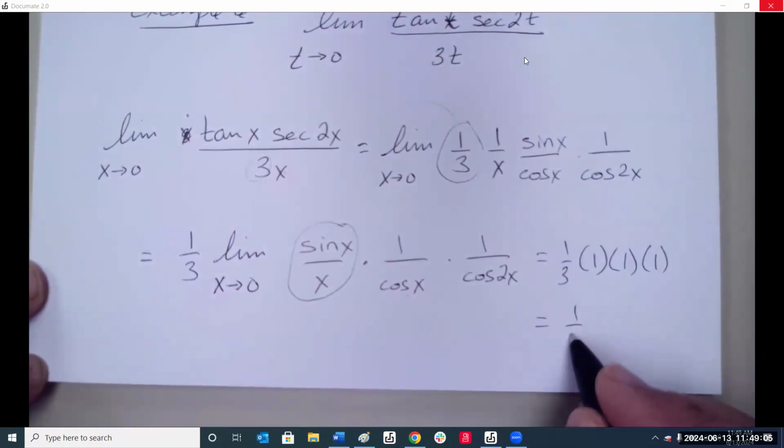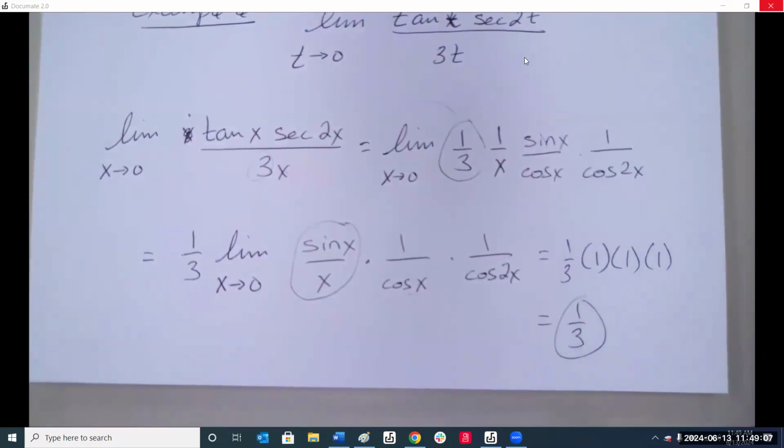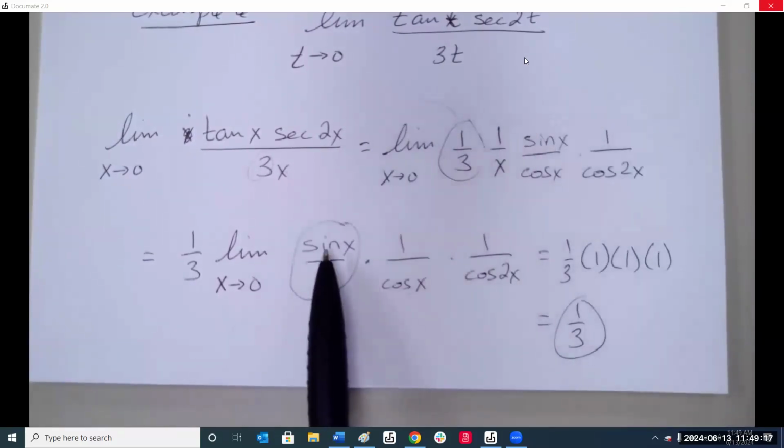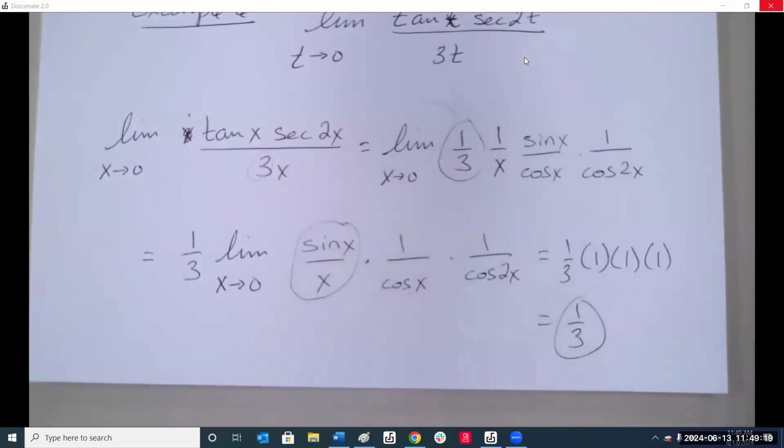So the answer is 1/3. Because remember, our objective is trying to get this equation into sine x over x, or sine theta over theta. Once we do that, fortunately, the rest of these are cosines, so we can just plug them in. Cosine of 0 is 1.